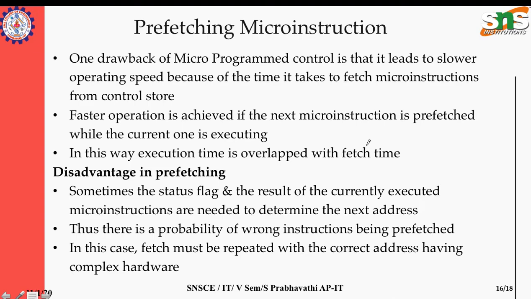But again, in prefetching we have one disadvantage. Sometimes the current instruction gives an output to the next instruction and the next instruction depends on it, which means prefetching will give the wrong instruction.